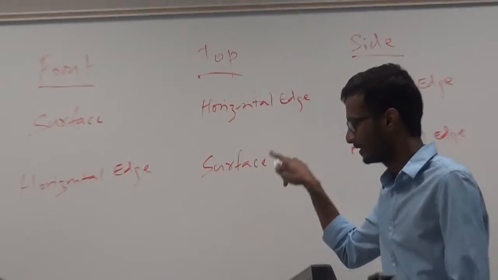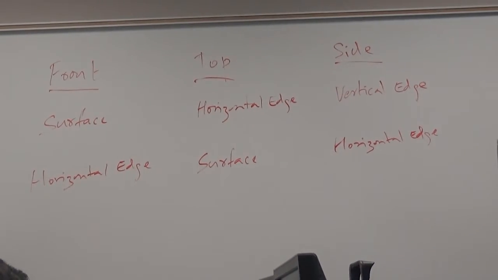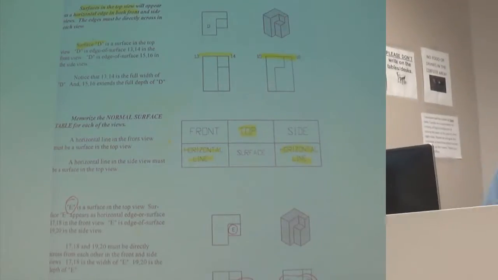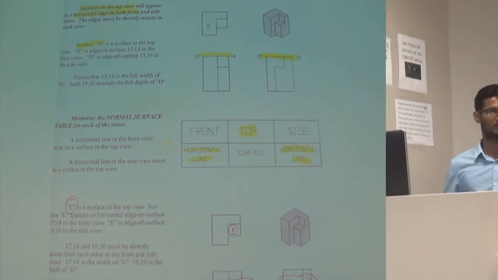So make sure that you read this table. This table is really important in order to analyze the different surfaces when you go about isometric drawings. Do you guys have any questions so far?